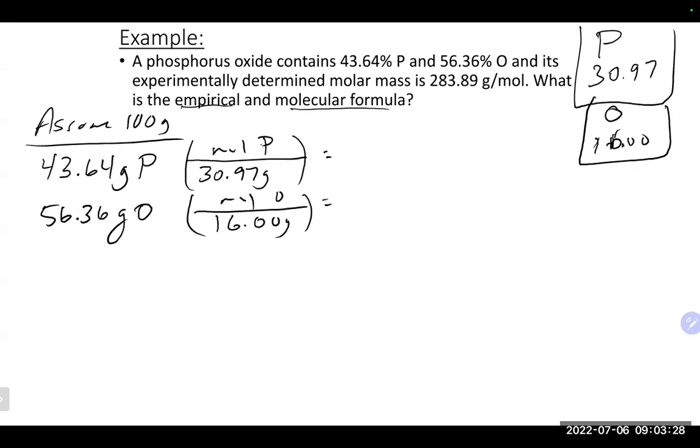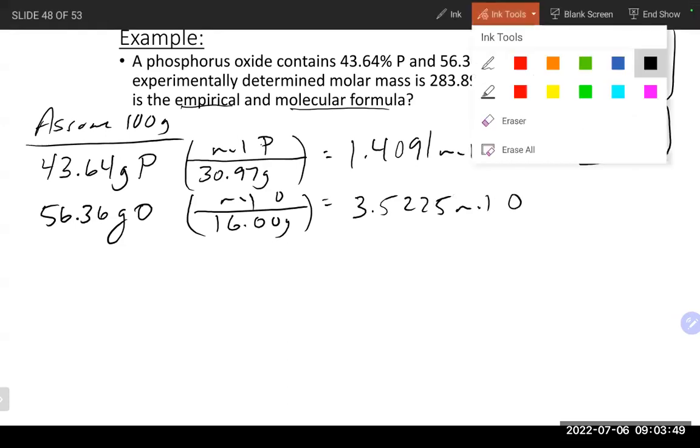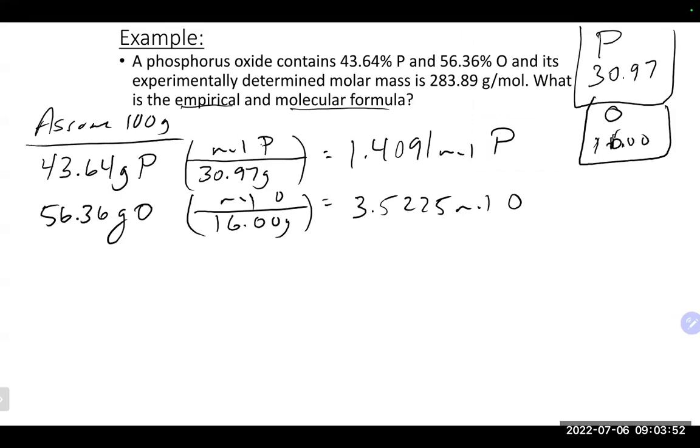That gets us 43.64 divided by 30.97, giving us 1.4091 moles of phosphorus, and 56.36 divided by 16 gives 3.5225 moles of oxygen.